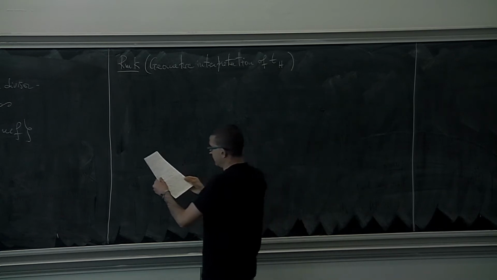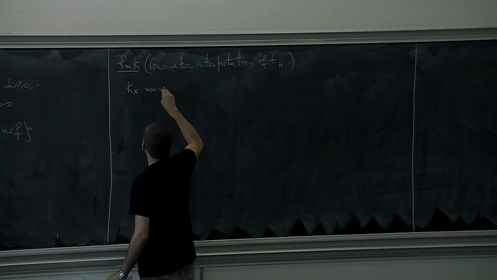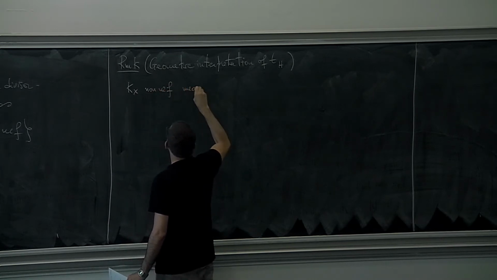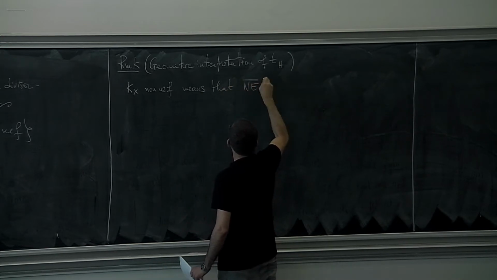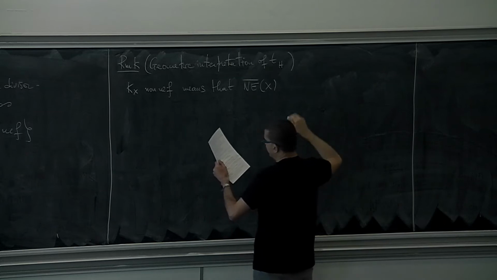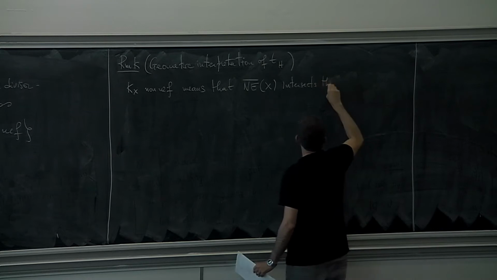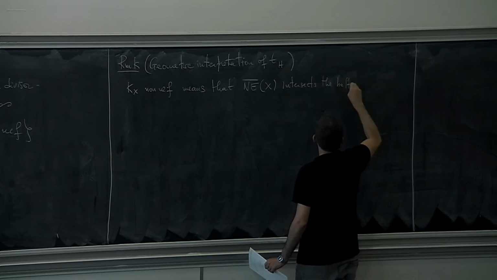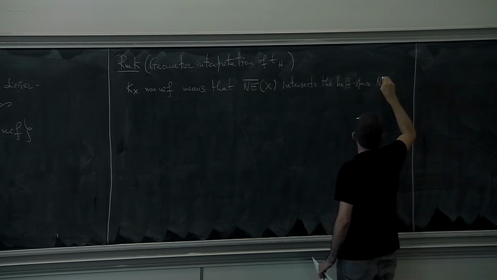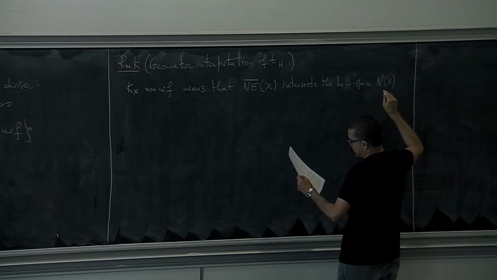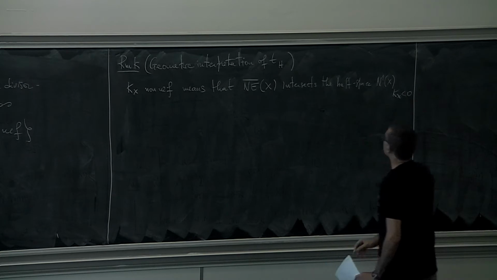So we start, K_X non-nef. This means that the Mori cone intersects the half space where the intersection with K_X is less than 0.